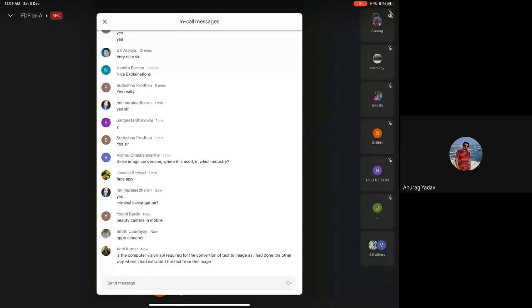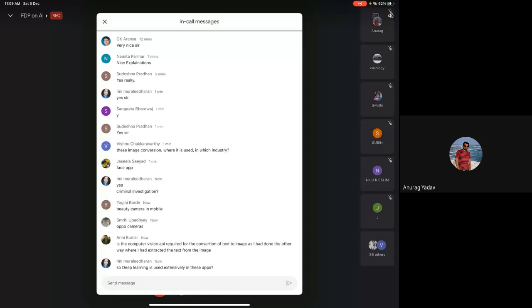So all the vision companies are trying to do this stuff. And there is image to image, and video colorization is also one point. Deep learning is used not only extensively, but in each and everything that you see. Suppose Google is doing language to language translation: you write in Hindi, it will convert it into English, French, Japanese, whatever.